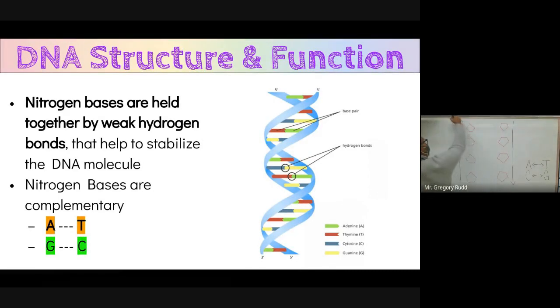So 5 prime is always going to be the tip of the arrow, which makes sense if you think about it. In my mind, 5 is the highest number of the carbons, so it's the top carbon. It points at the top of the arrow.